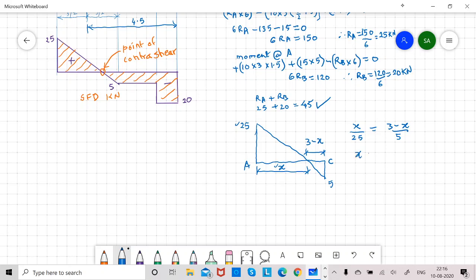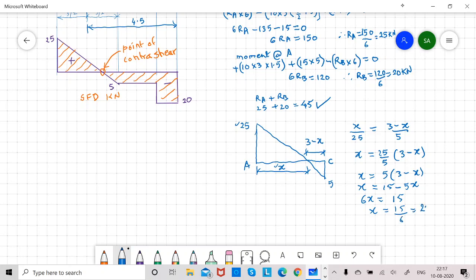So x is equal to 25 divided by 5 into bracket 3 minus x. So x is equal to 5 into bracket 3 minus x. Simplifying further, 15 minus 5x is equal to x. So 6x is equal to 15, so x is equal to 15 divided by 6.